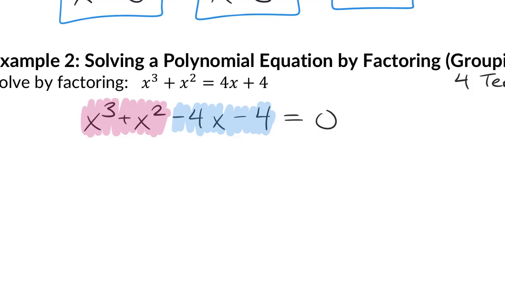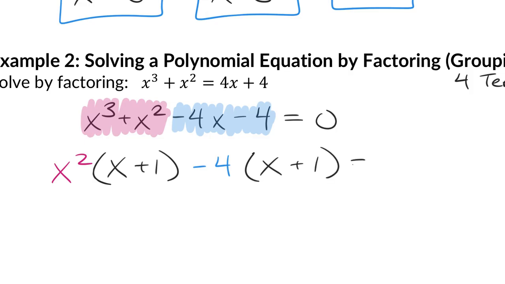So if we look at the GCF of the first 2 terms, well, they're both divisible by x squared. So x cubed divided by x squared is x, and x squared divided by x squared is 1. The blue terms, both of them are divisible by negative 4. If we divide that away, negative 4x divided by negative 4 is x, and negative 4 divided by negative 4 is positive 1. So we've taken the GCF of both pairs.